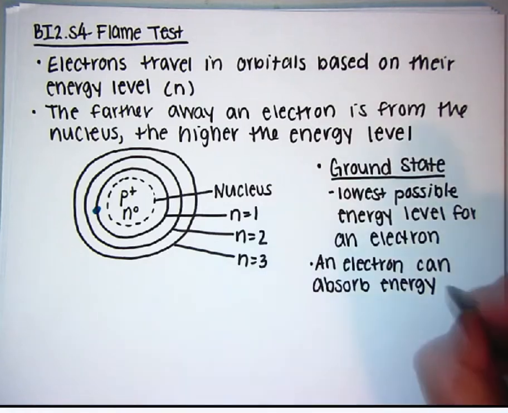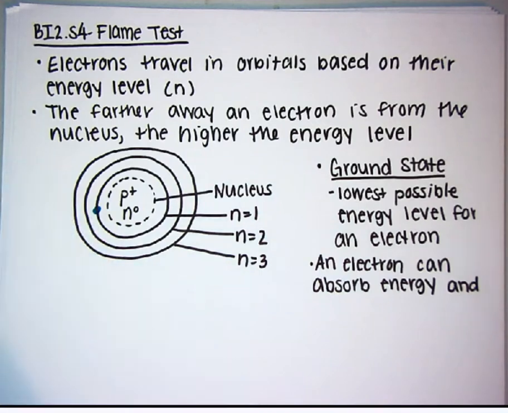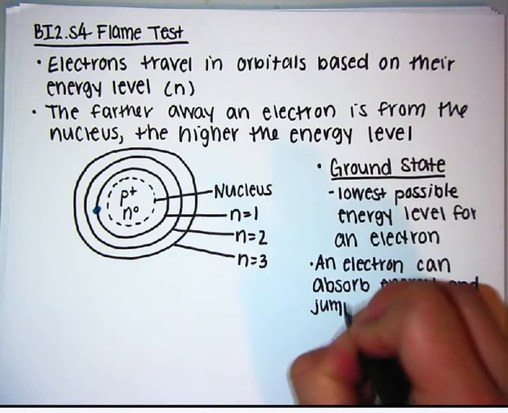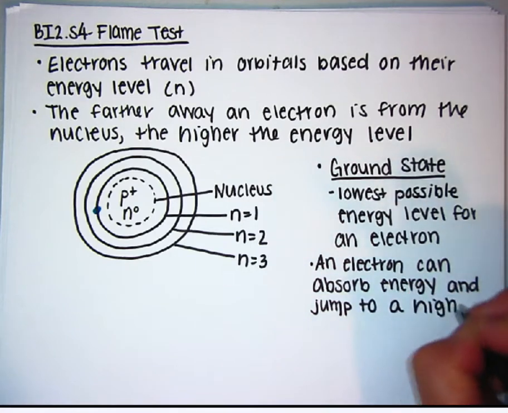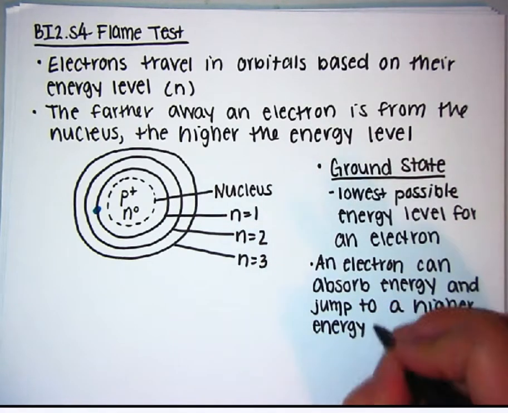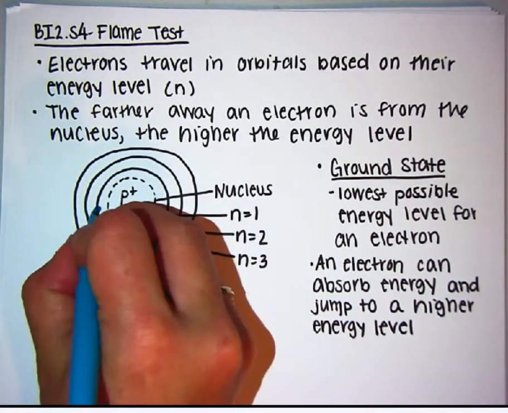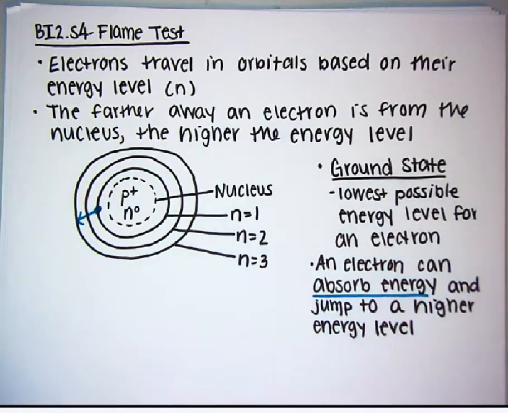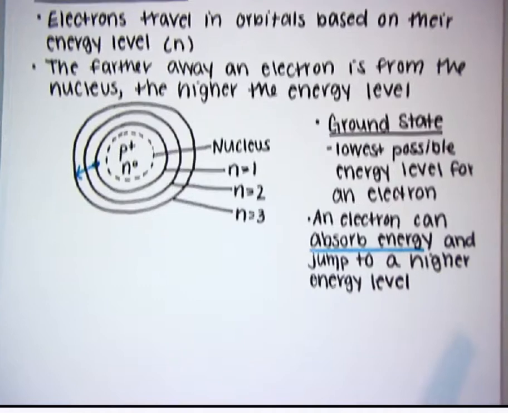And when it absorbs energy, it can jump to a higher energy level. So let's say this electron absorbs some energy and it jumps from N equals 1 up to N equals 3.